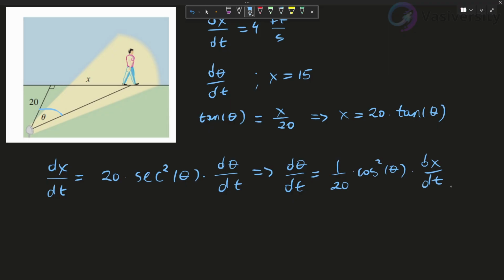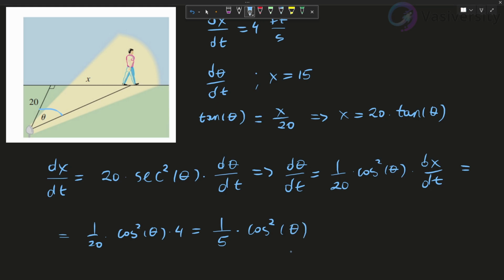All right, so now by plugging in, we will have 1 over 20 times cosine square theta times 4, which is equal to 1/5 times cosine square theta.